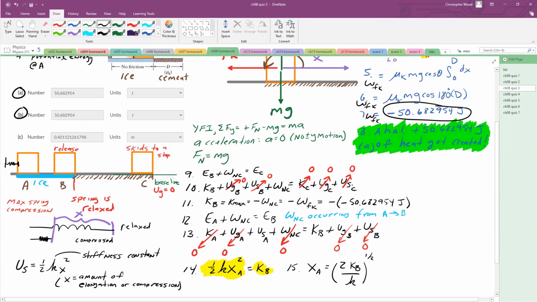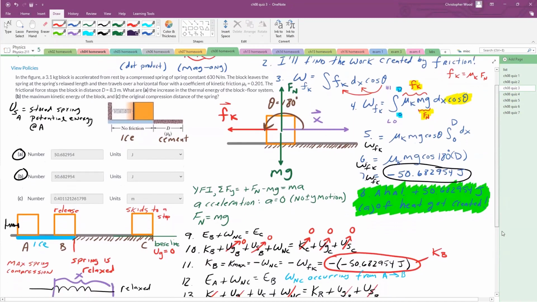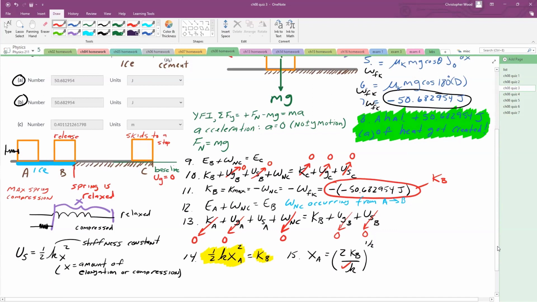So let's see. KB is sitting right here. KB right there. So I for sure have a number on that. That's my maximum kinetic energy. And K is given in the problem statement for me. K is the spring stiffness constant, or 630 newtons per meter. And I guess that's it. Okay. Let's go with that.